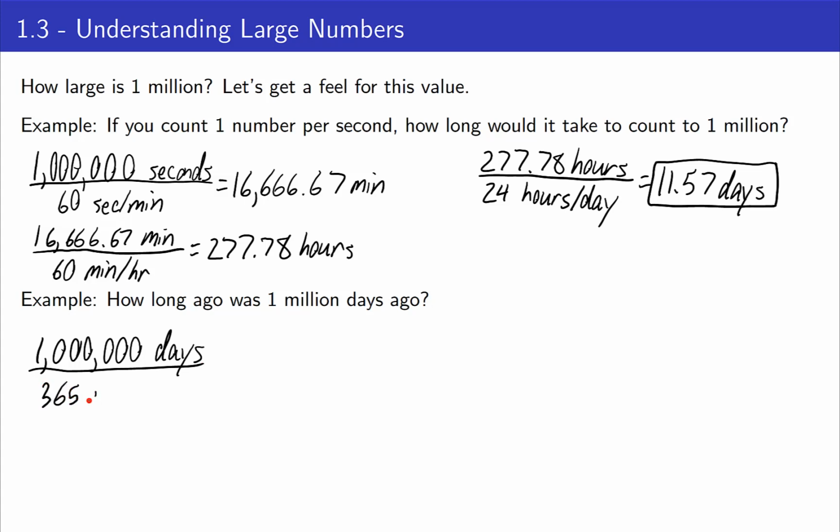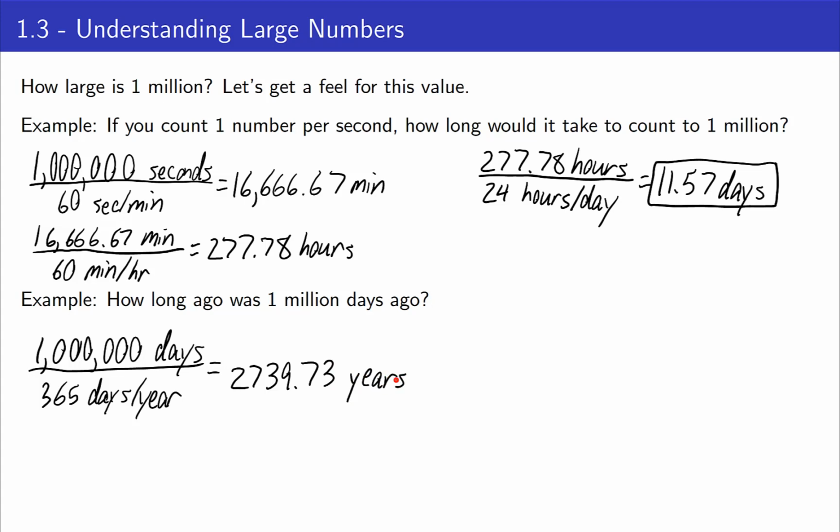Yes, you guys probably know that there are different numbers of days in a year, depending on the year. It might be better to say 365.24 or whatever it is. But anyway, if I make this division, let's see what we get. I get 2,739.73 years. That's a pretty long time.